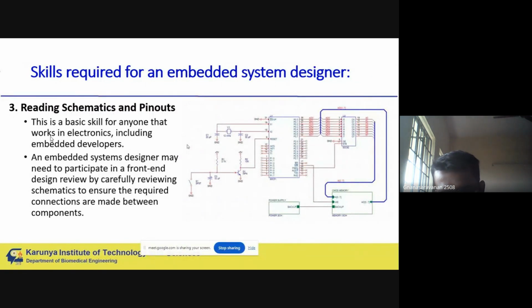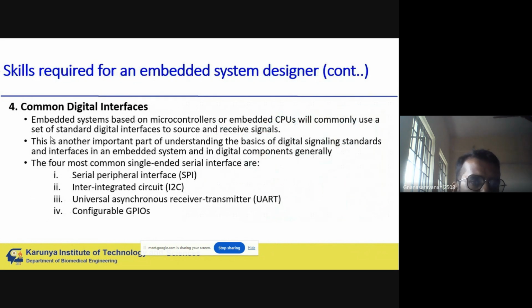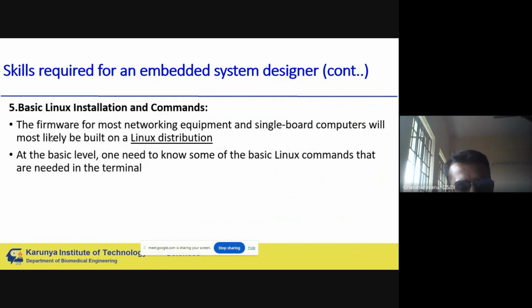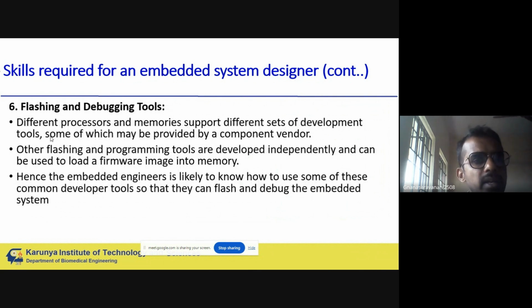When we are troubleshooting, at this port, this checkpoint, what will the voltage be? All these things we should know how to do. And then working on digital interfaces a little bit. Working in Linux and Python is optional. And knowledge of flashing and debugging tools is a mandatory one. So these are the skills that are required for an embedded system design engineer.